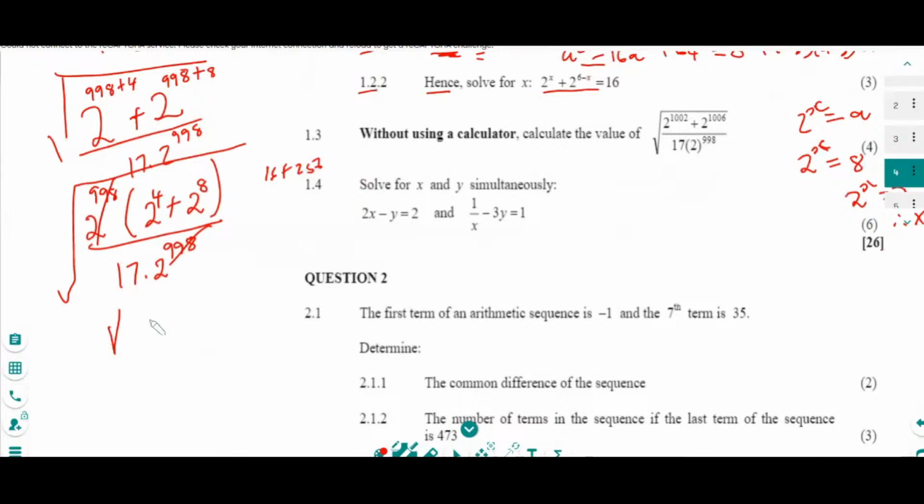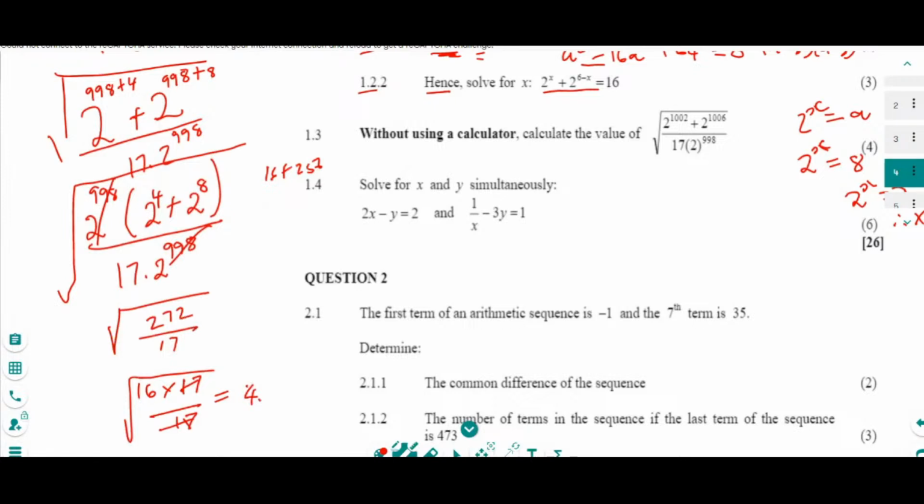So I'll have the square root of 272 over 17. Which numbers do I multiply to give me 272? I can use 16 times 17 over 17, just to make my life easy. Cancel the 17s, and I'm left with the square root of 16, which is 4. There we go. That is question 1.3.